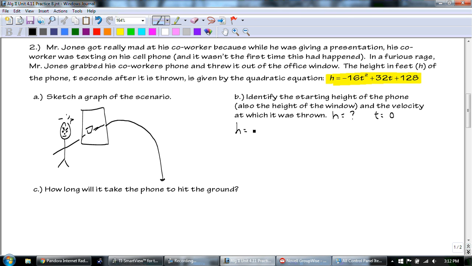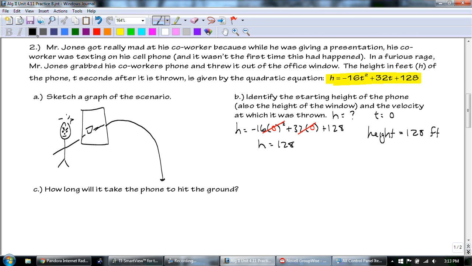So h equals negative 16t squared plus 32t plus 128. So we're going to plug in 0. And just like we said, all of those cancel. So we get h equals 128. So the height is 128 feet.